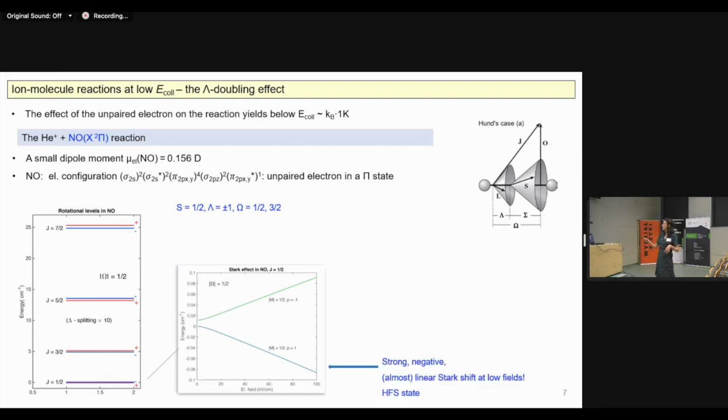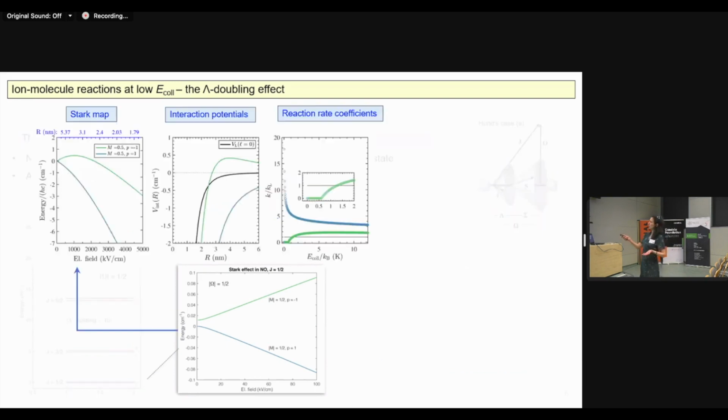This means that the lowest component has a strong negative and almost linear Stark shift even at low fields. If we now increase the field, and this is what you see on the left part of this panel, say if we go to 5,000 kilovolts per centimeter, but remember, this electric field is generated by the ion, so right away we could convert it to distances to the ion, r.